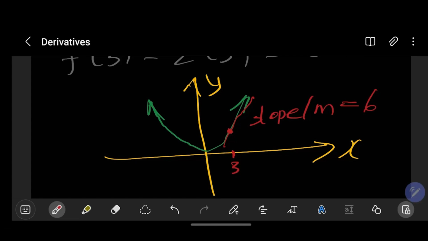So this is basically the first two rules with examples, the constant rule as well as the power rule. Next up, I'm going to take you through the multiplication by a constant rule.